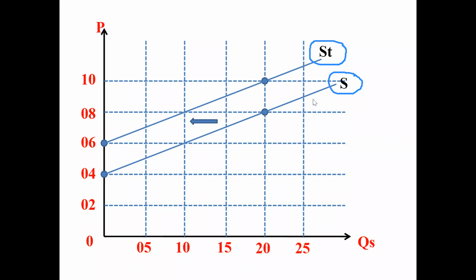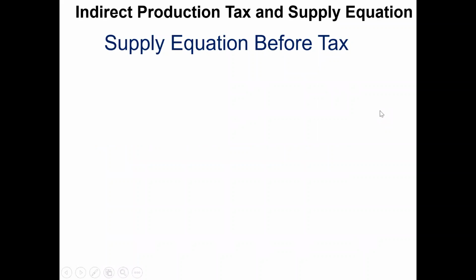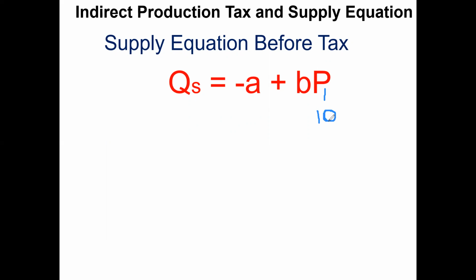So we should be able to show that change using equations. We will see how to present this change using equations and build the new supply equation due to tax. This is the supply equation before tax, the normal supply equation. Now the logic is this. Assume the price of this product is 10 rupees.